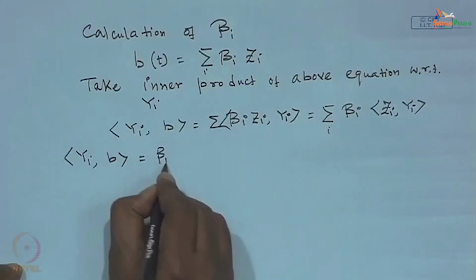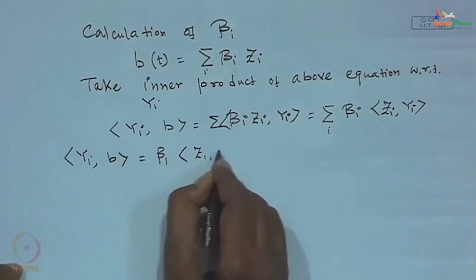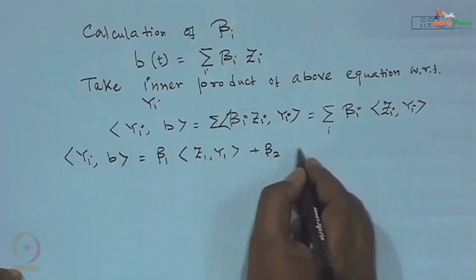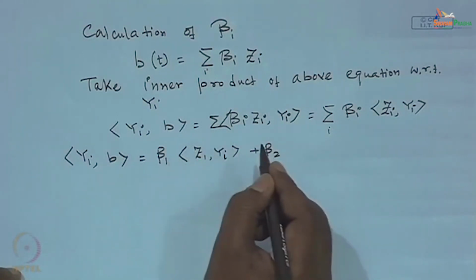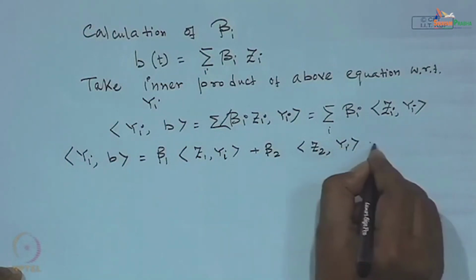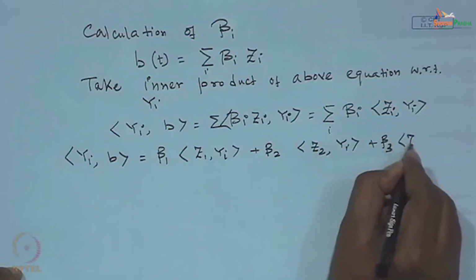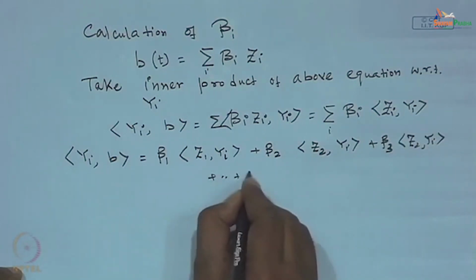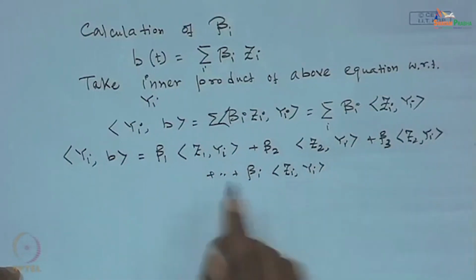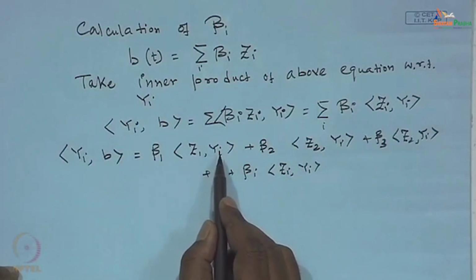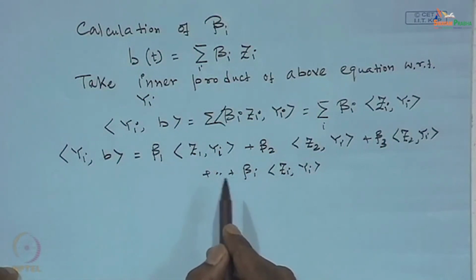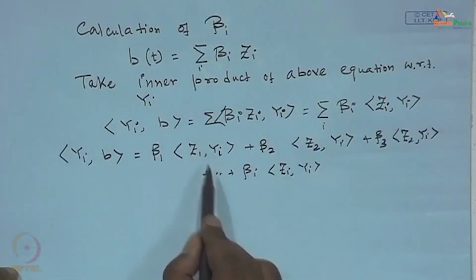You will be getting beta_1 inner product of z_1 y_i plus beta_2 inner product of z_2 y_i plus beta_3 inner product of z_3 y_i, and like that, you will be getting beta_i inner product of z_i and y_i. Since the z_i's are the eigenvectors of A and the y_i are the eigenvectors of A transpose, they form the bi-orthogonal set, and we have already proved that except for i equal to j, the inner product of the individual eigenvectors will be equal to 0.